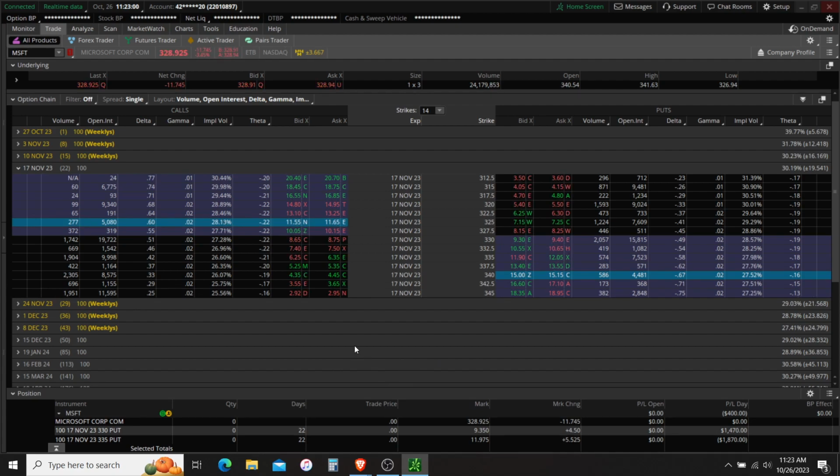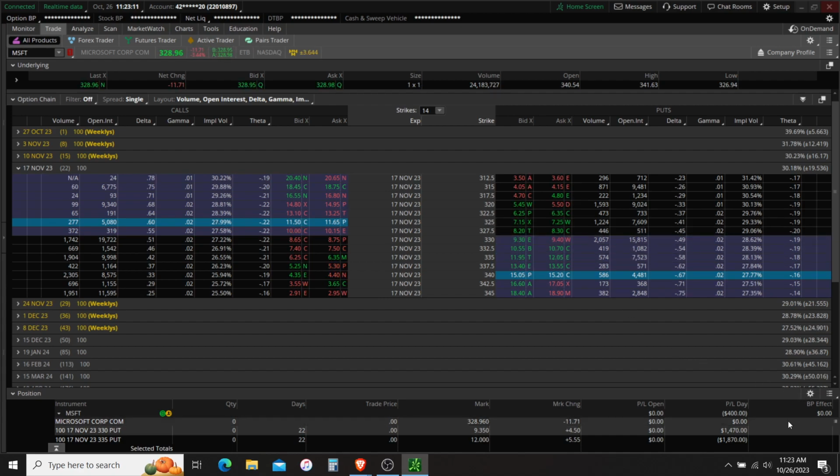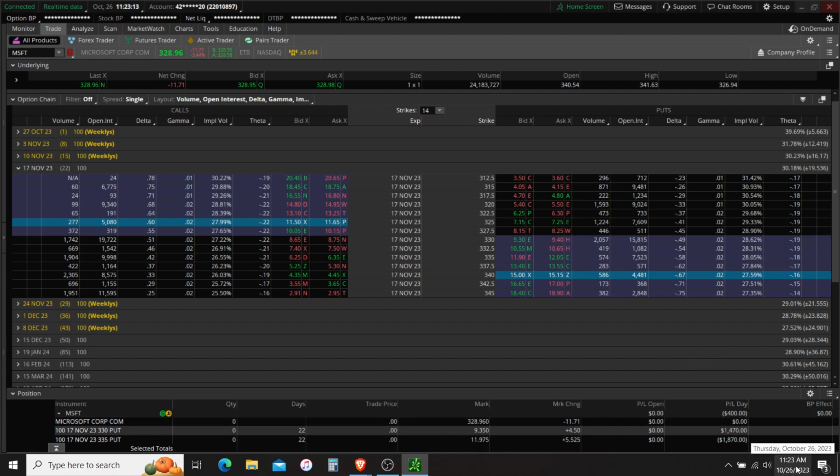I forgot to mention, you can also benefit from the implied volatility, the IV, going down. Let's say over the course of these 3 weeks, until the 17th, a lawsuit was resolved in Microsoft's favor.